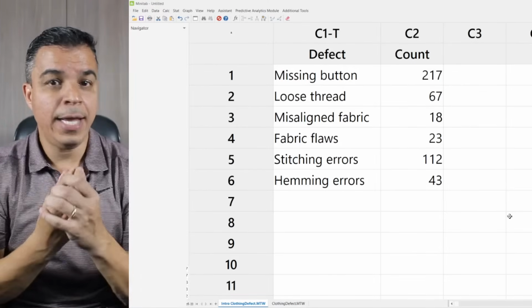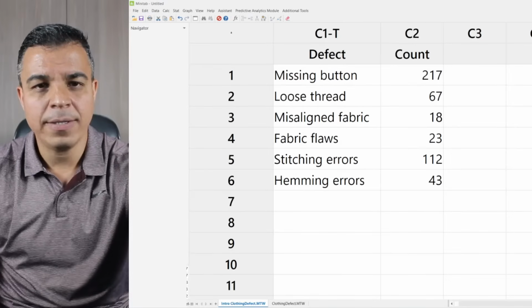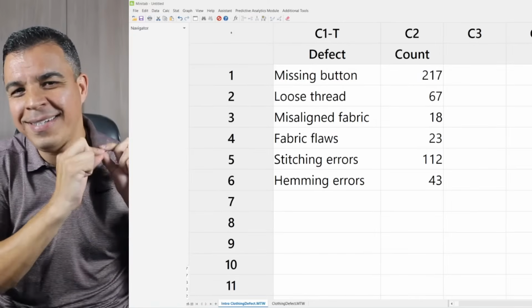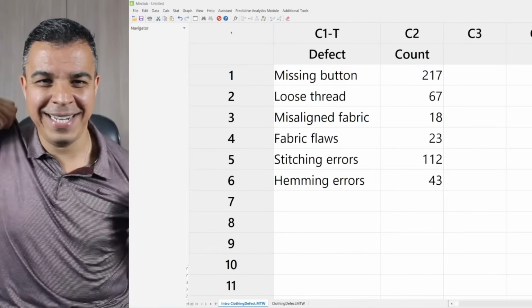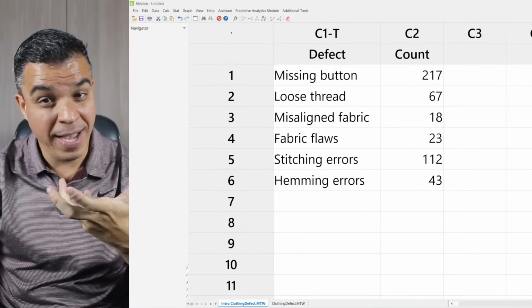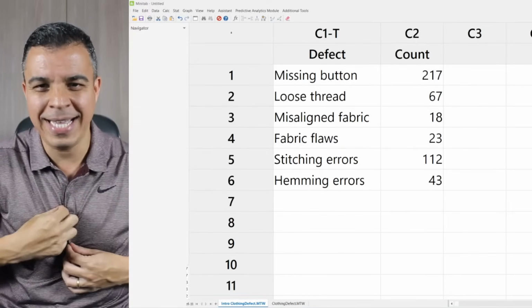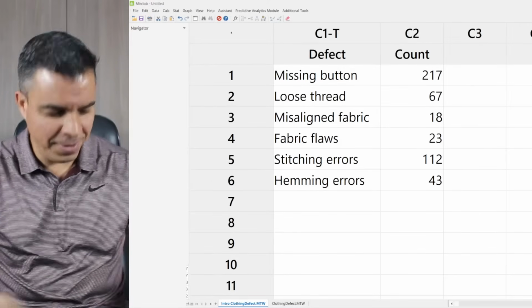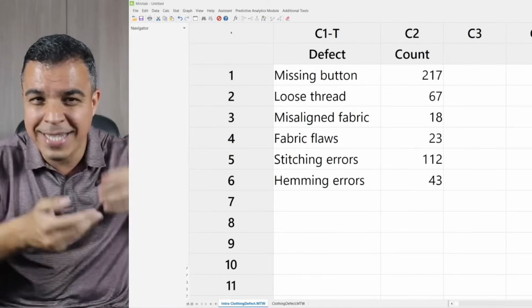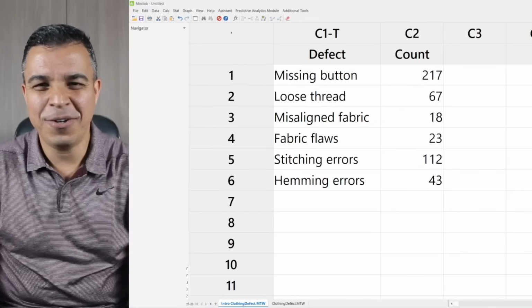We are talking about a clothing manufacturing line, and we have 6 types of defects: missing button, loose thread, misaligned fabric, fabric flaws, stitching errors with the machine, and hemming errors. Hemming is at the very bottom of your clothes, when you need to adjust the size, depending on the size of your leg, you need to adjust your pants, and we call this hemming.